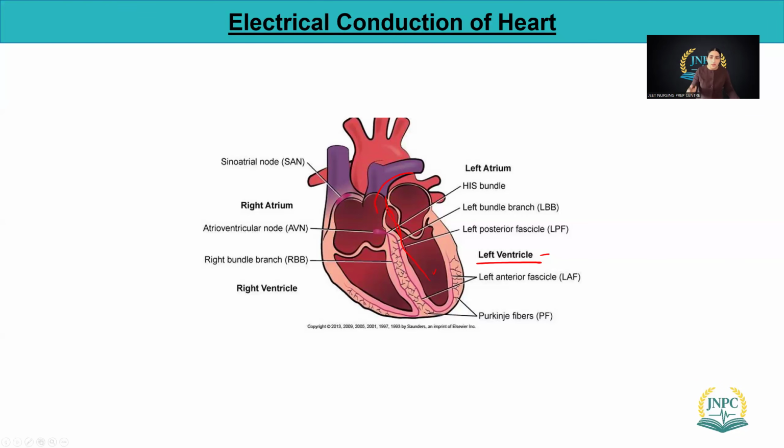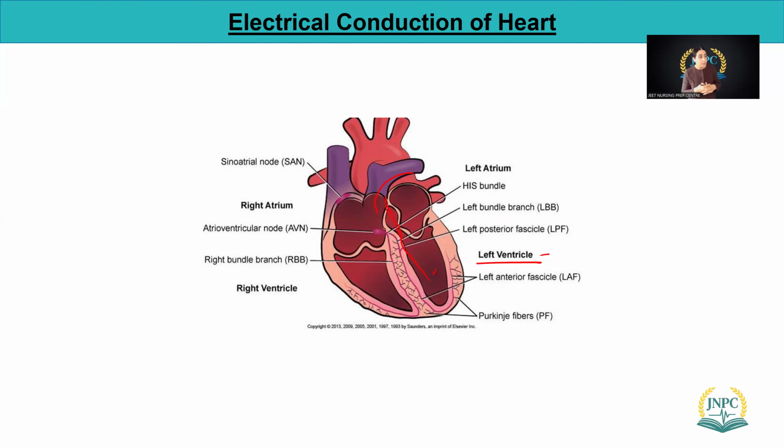So now here is the question. The heart is pumping, but who is telling the heart to pump, to contract and relax, contract and relax? That is your electrical impulses, which go from the SA node to the AV node.